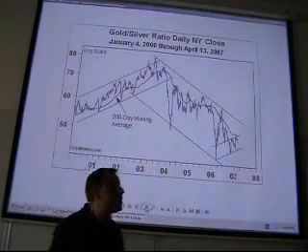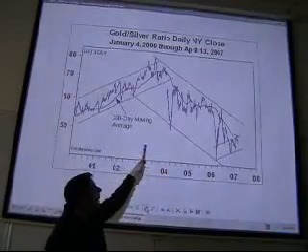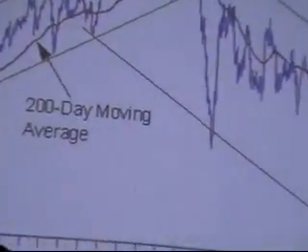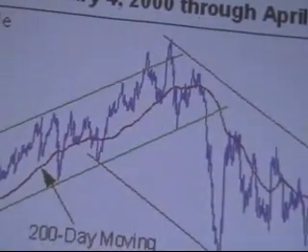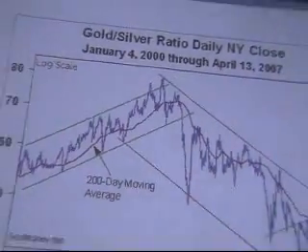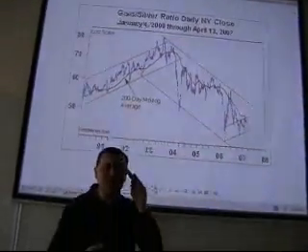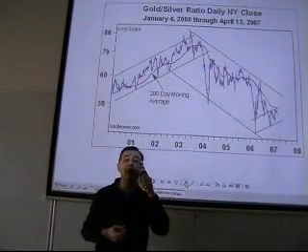So what they want to do is identify at what point gold is relatively more expensive to silver, so they sell part of their gold positions and buy some silver, and vice versa. Note here that there is no portfolio analysis, there is no portfolio argument.